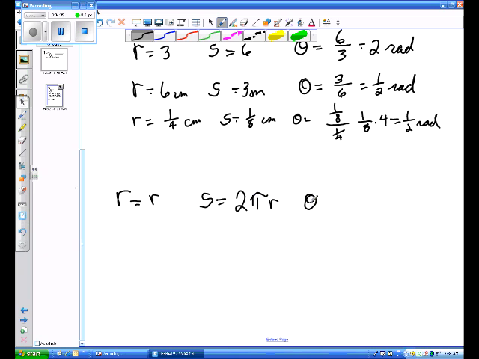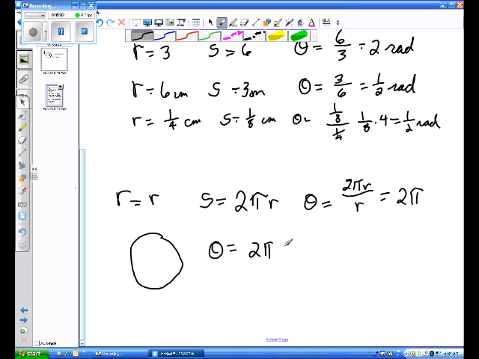Then in this case, our central angle would be 2 pi r divided by r, which is 2 pi. So the central angle of a circle is 2 pi radians, or 1 full rotation would be 2 pi radians.